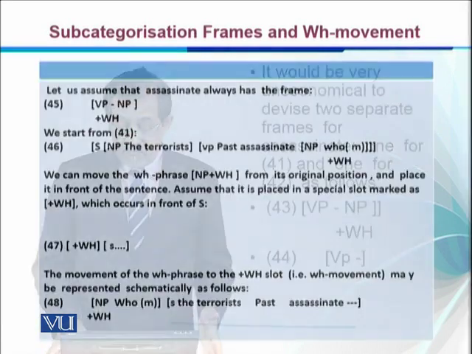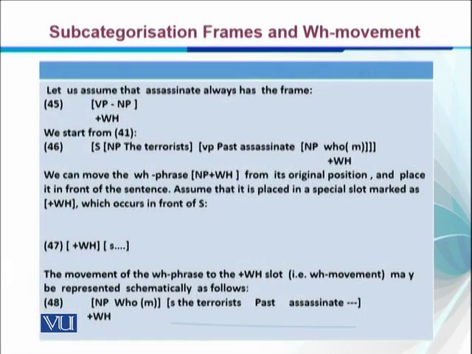Let's assume that assassinate always has the frame NP and VP plus NP. There was a hidden element, as whenever we did not know the NP, there was always a WH word.